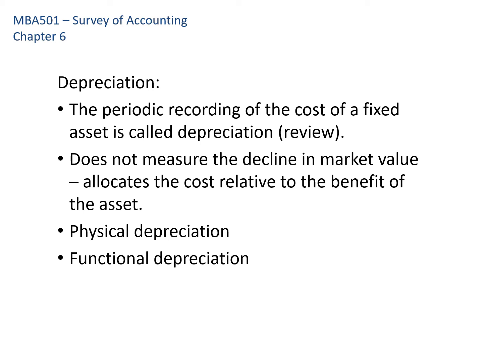By the same token, if you wait until the van dies and you push it into a ditch at the end of 5 years, it would make the 5th year look bad and all the other years look good. So we want to try to match the expense of wearing that van out with the revenue that we earn from it. So it's a method of allocation, not of determining market value.